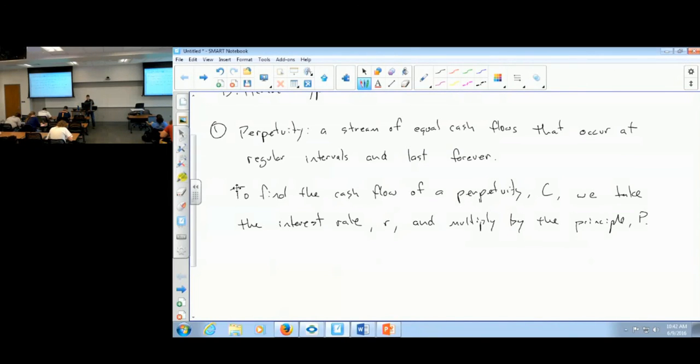We're going to call P, right? So the cash flow is equal to the interest rate times the principal amount.